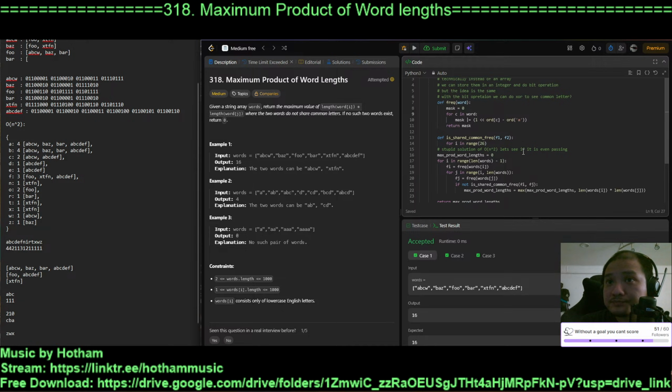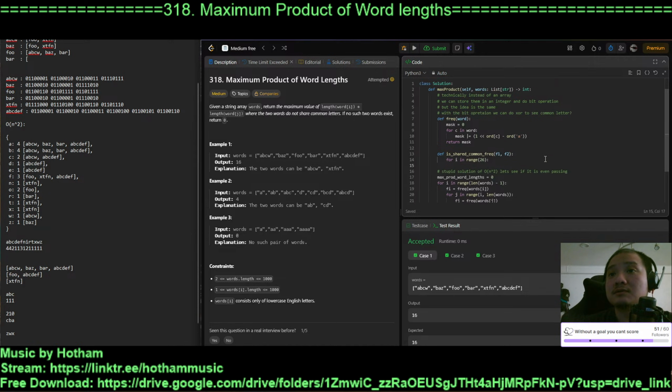I think. Okay, so now if we want to compare if they are the same, then we just compare the corresponding position, right? So we need to do for i in range of 26, right? If one, we need to do the corresponding bit and shift to the right 1, right?